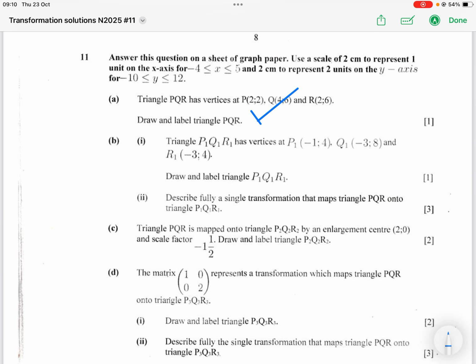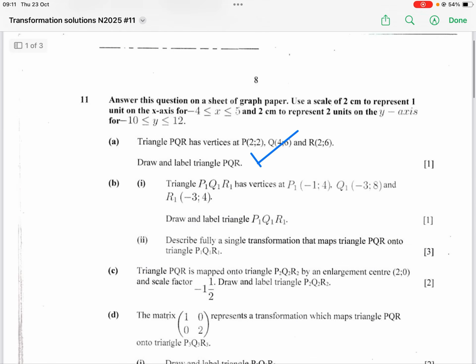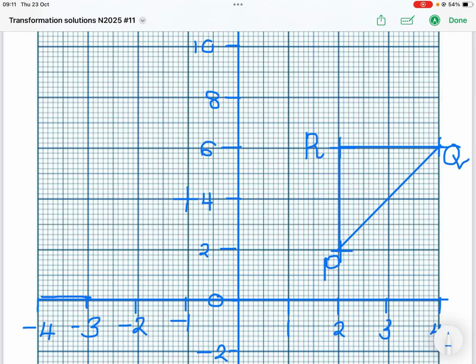Next, triangle P1, Q1, R1 has the vertices at (-1, 4), (-3, 8), and (-3, 4). So we are required to plot the triangle P1, Q1, R1. The coordinate P1 is (-1, 4), it is this point. So let us label, this is our P1.